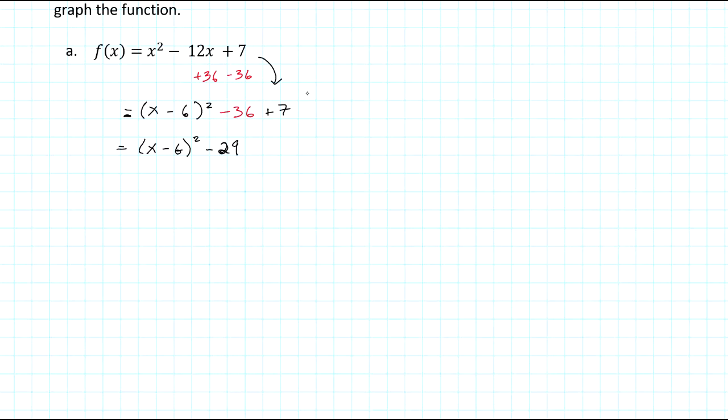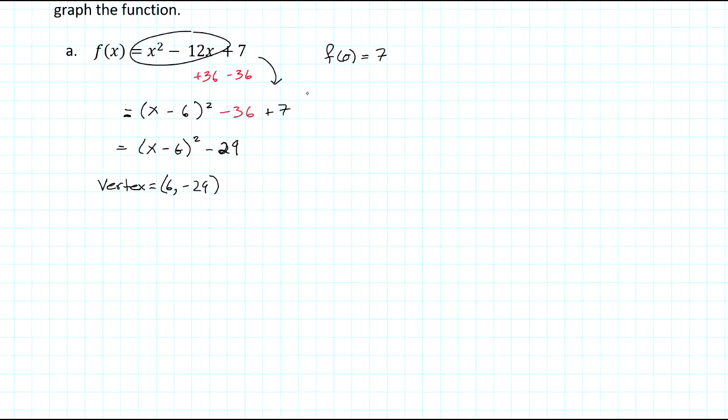All right, so the vertex, we can see right away here, is the point 6, comma, negative 29. And then we can actually get the y-intercept from the beginning pretty easily. If I plug in 0 for x, I will get 7 out, right?